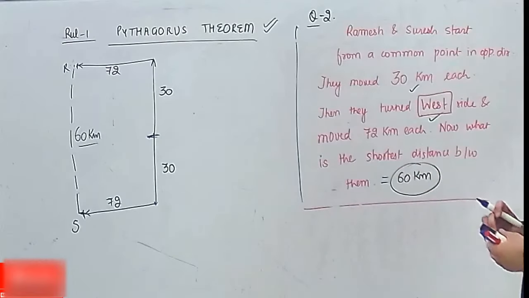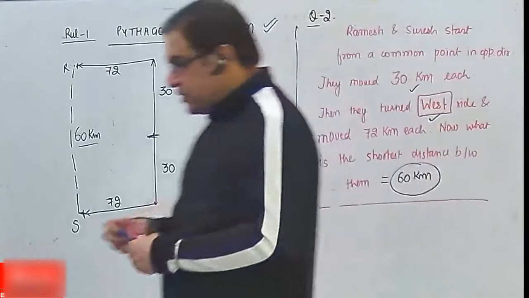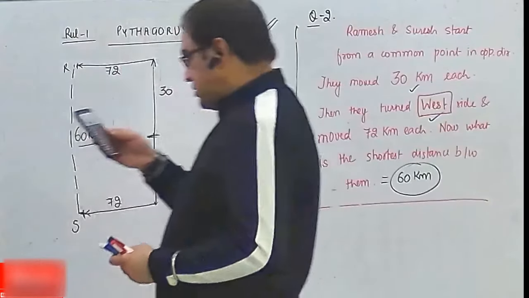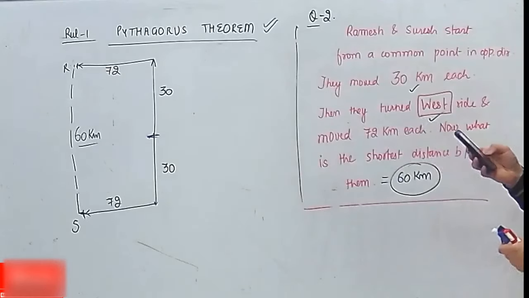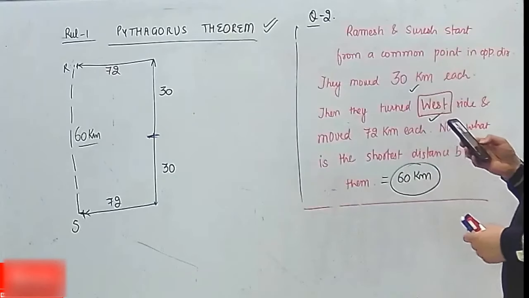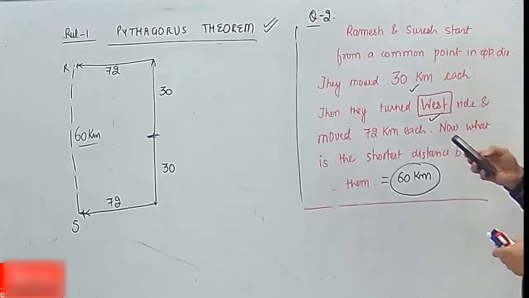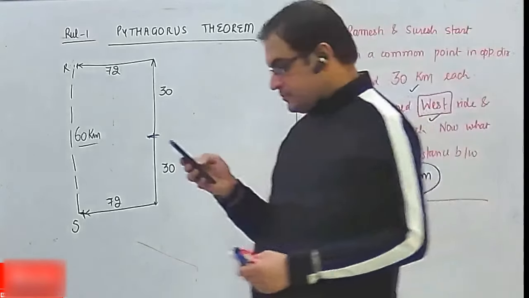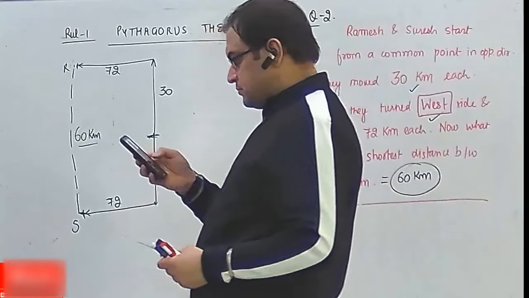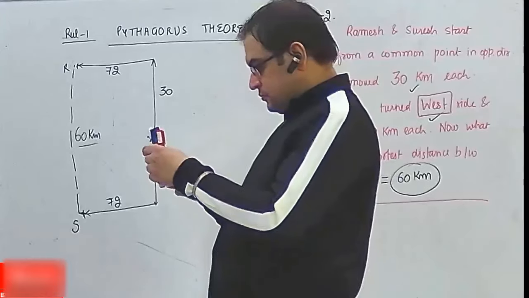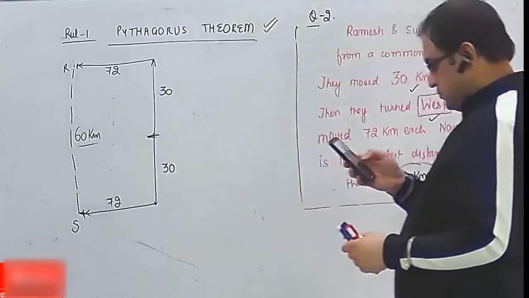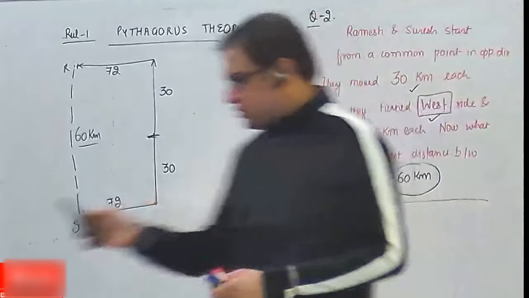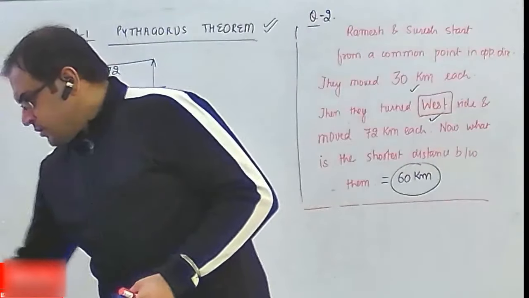So the answer for the second is 60. Yes, Akshit, you are right. 60 is right. Yes, others, Jyoti, Kavita, did you get the right answer? Okay, Kavita says 60. Very good, Kavita. This is right.